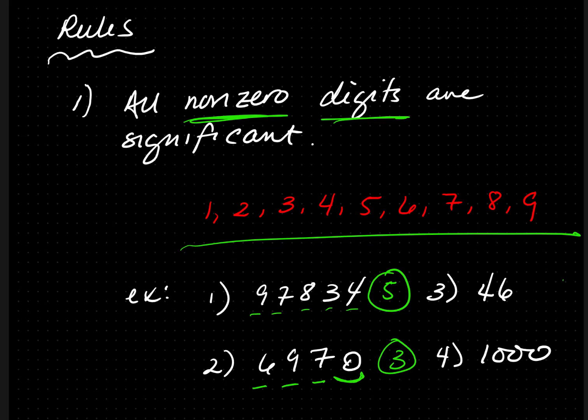Number 3 should have 2 significant digits. 4 and 6 are both non-zero digits. For number 4, there should only be 1 significant digit. The 1 is a non-zero digit, but these are zeros, so they do not count.